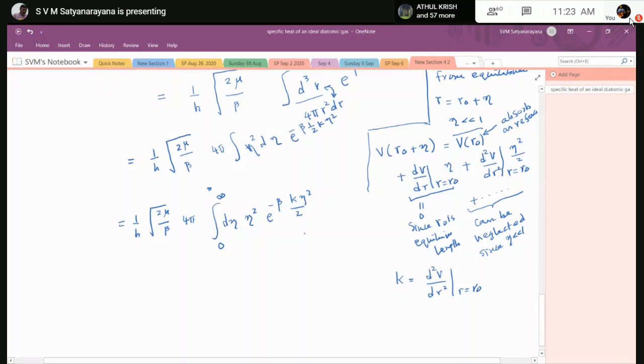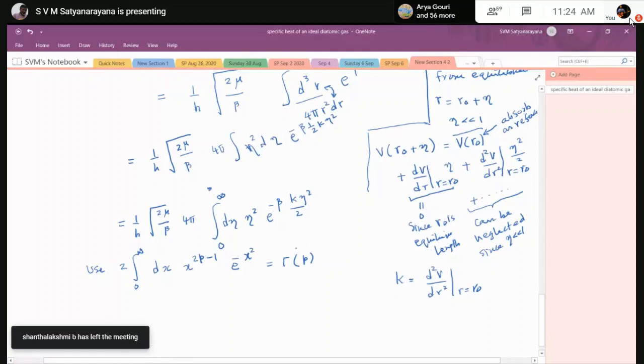So you use this formula: integral 2 times 0 to infinity of dx x to the power 2p minus 1 into e to the minus x squared is equal to gamma. If you use this relation of a gamma function, then you can solve this integral. So what do you get?